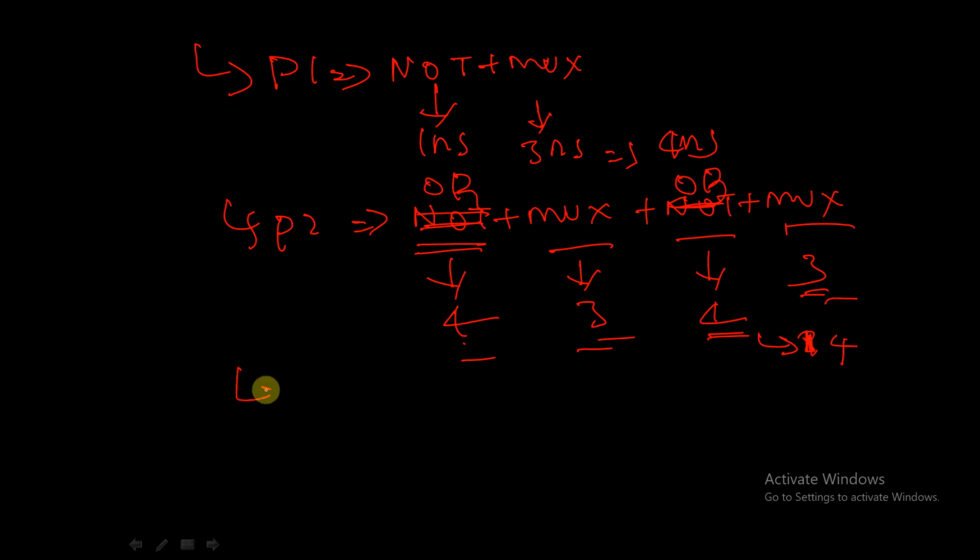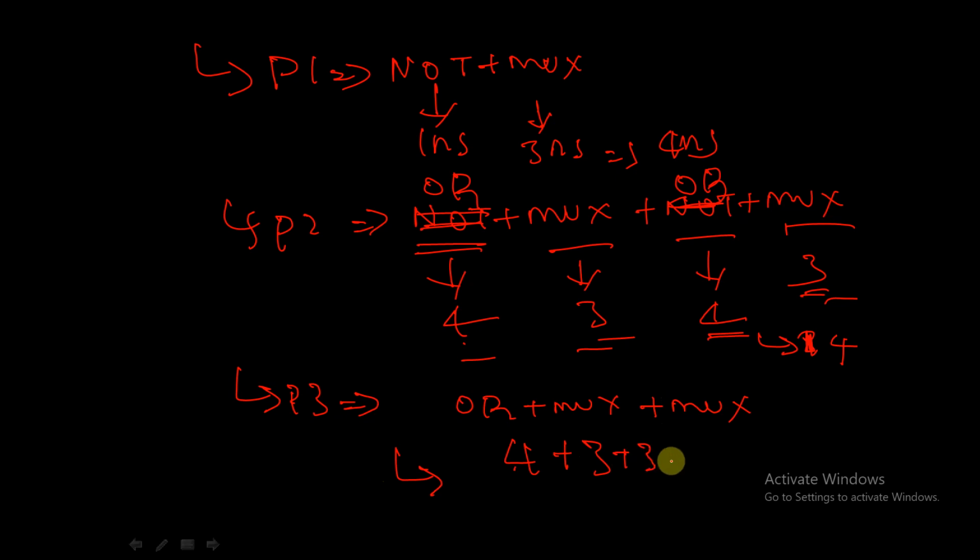Okay, and path 3, which is OR plus MUX. I'm not taking any values of t. Which is 4 plus 3, 7, plus 3, 10. And path 4, previously I had written wrongly. In case of OR I had written NOT.